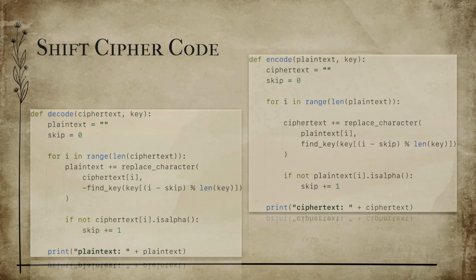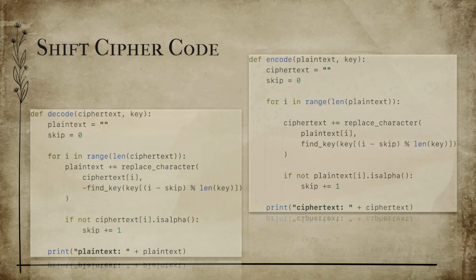Then for each character in the plain text, we find the key by selecting the character from the key based on the plain text character position minus number of skips, modulus length of the key. And if the plain text character is not an alphabet, we increase the number of skips. So in this way, we just keep replacing the characters, and once we're done, we print the ciphertext.